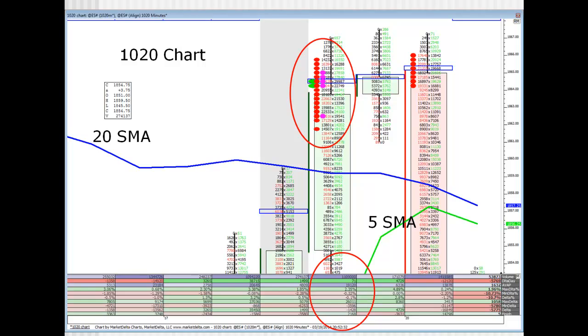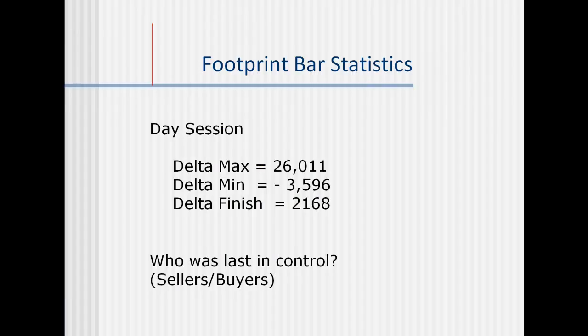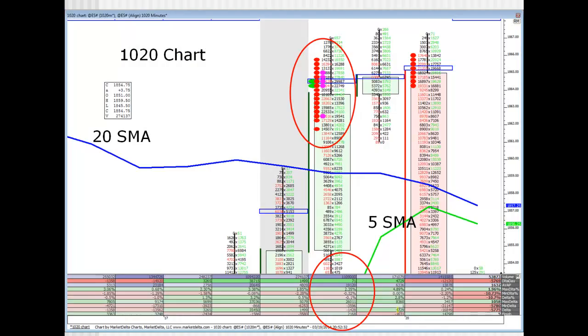Now the data that I'm really interested in is my delta max, delta min, and delta finish, because it will tell me who was last in actual control when we closed, and to what degree they were being challenged. So we go back to the footprint bar statistics, and we extract these numbers that we need, and they're all right here.